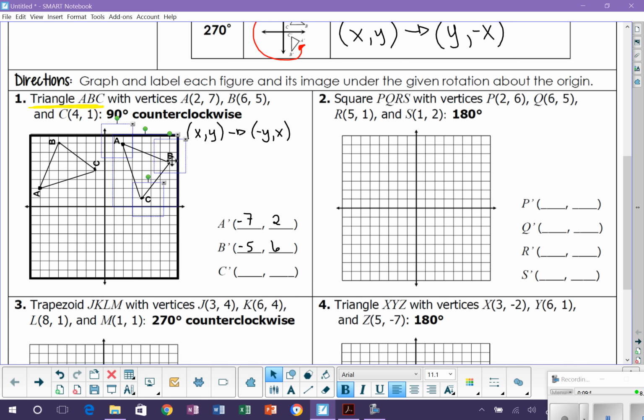So let's correct this. So 1, 2, 3, 4, 5, 6. 1, 2, 3, 4, 5. So this needs to go there. And that needs to go there. There we go.